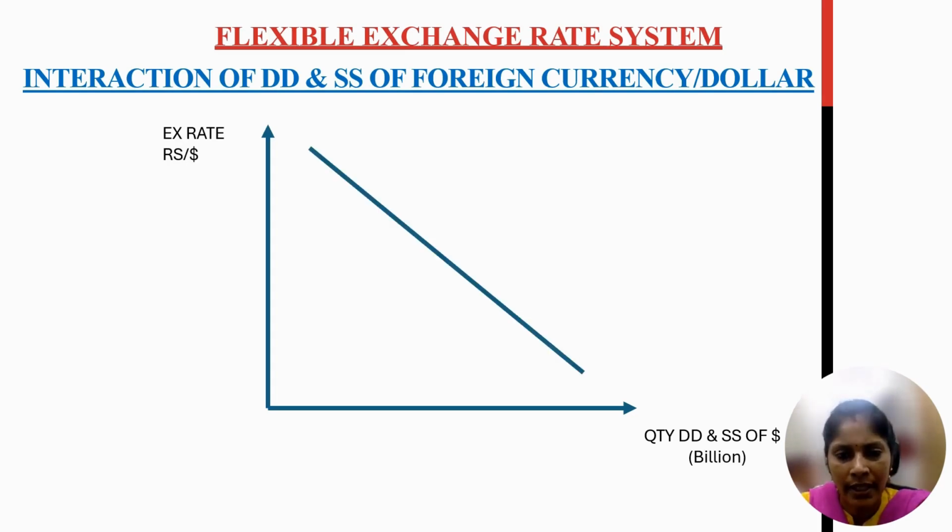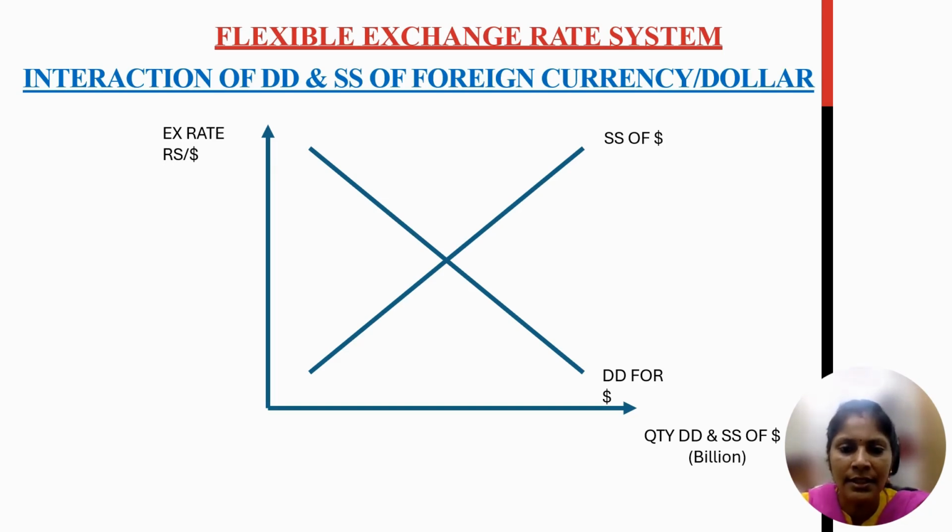The existing demand for dollar and the existing supply of dollar are represented in this graph, and you can see that the intersection of the demand and supply curves happens at point E, and that determines the exchange rate.